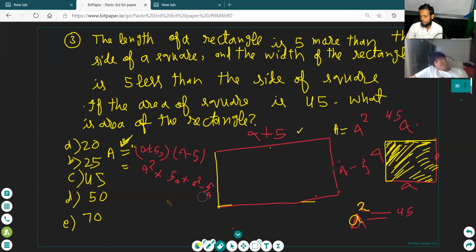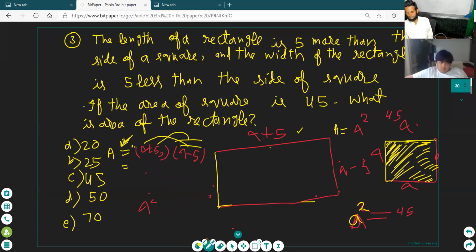Paulo, you are doing it wrong. Why are you multiplying? Multiply this A to the whole. And after this, multiply this 5 to the whole, okay? Sorry, I did it wrong. I haven't done this calculation in a long time.